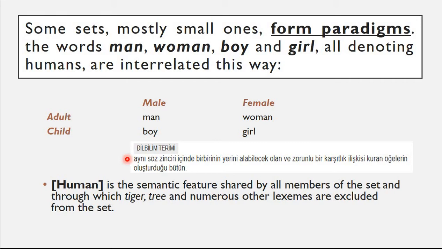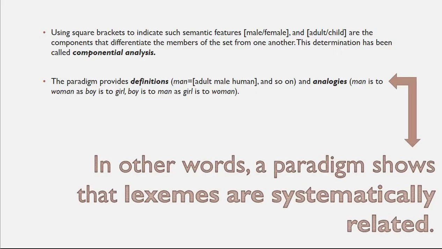And here you can see human is the semantic feature shared by all members of the set, and through which tiger, tree, and numerous other lexemes like table or door or TV are all excluded from this set in terms of the semantic feature of being human. So using square brackets to indicate such semantic features, like male, female, and adult, child, are the components that differentiate the members of the set from one another.